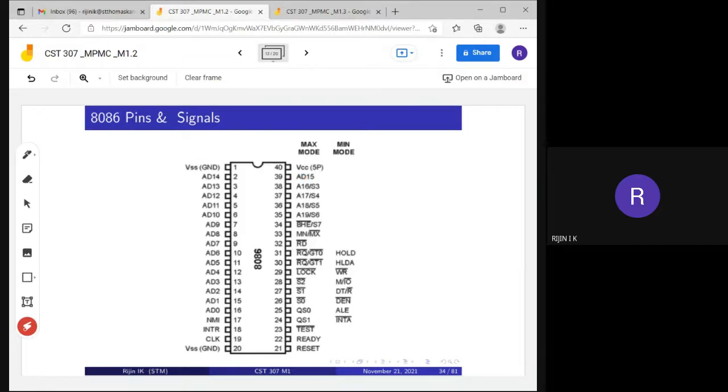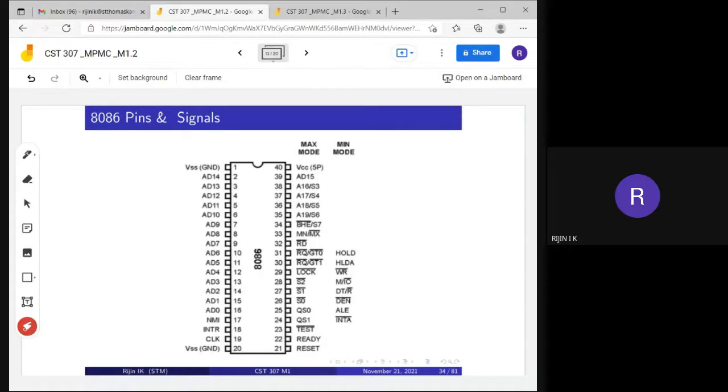That means by using these pins, it will transfer either data or address. The lower order address is AD0 to AD15. Actually, these 16 pins are used for transferring both the data and address.